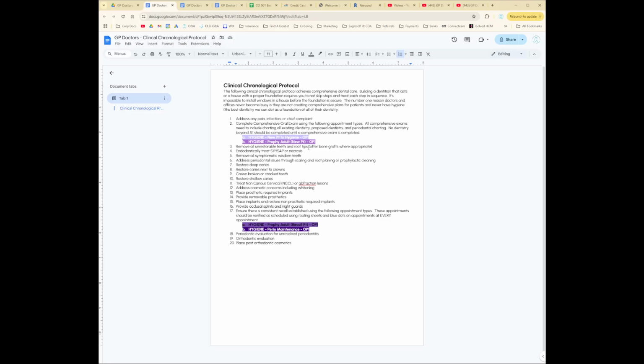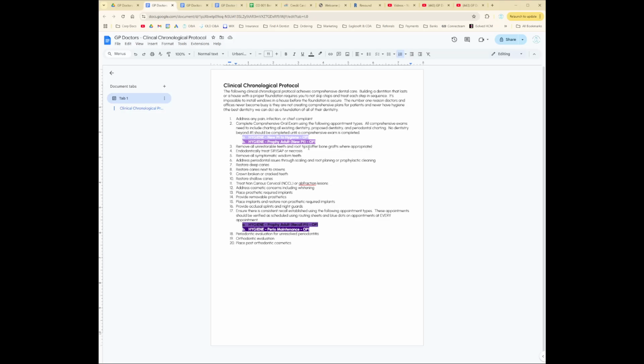And then we'll provide removable prosthetics. And then, depending if the patient needs or does not need those prosthetics, we'll place implants and restore non-prosthetic required implants. And then after all of the dentition is basically restored, then we'll provide occlusal splints and night guards.